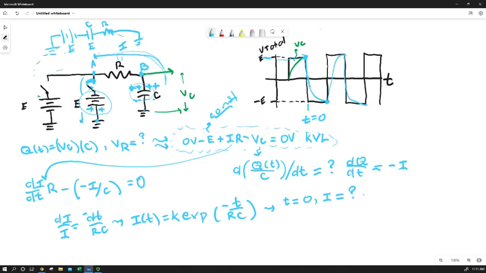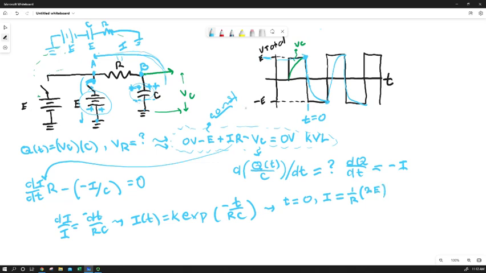So we could say that I is going to be equal to 1 over the resistance, Ohm's law, times not 1, but 2E.